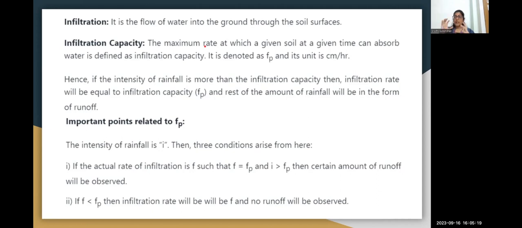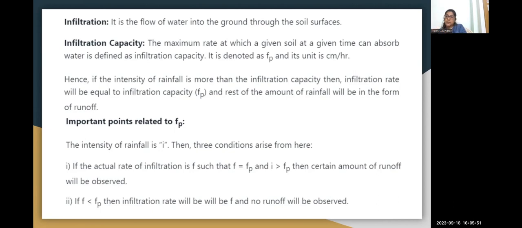A given soil at a given time, the maximum rate with which the water can enter the soil is called infiltration capacity. Say the infiltration capacity is 2 centimeters per hour. So in 1 hour, only 2 centimeters of water will enter that soil sample. Say there is a rain occurring at 3 centimeters per hour.